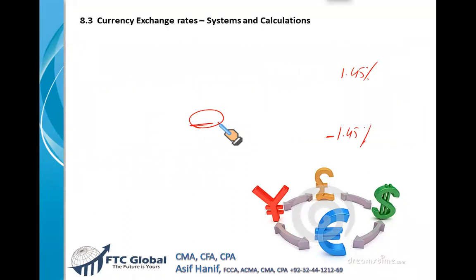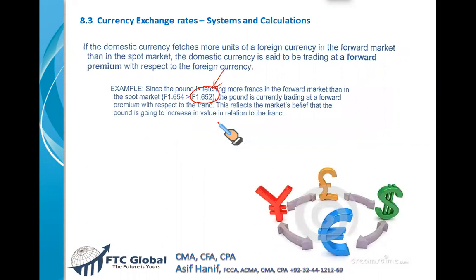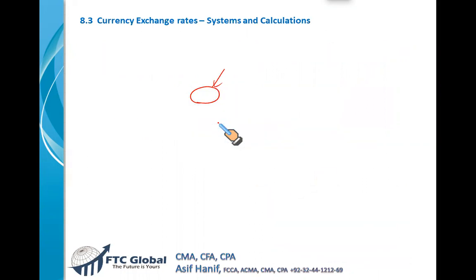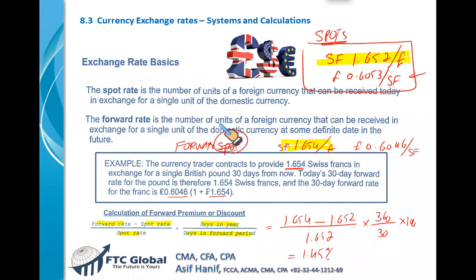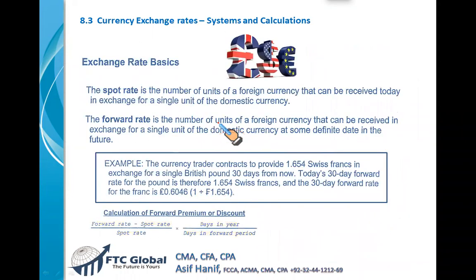So this is the formula you would use to calculate the forward premium and forward discount. It's a very straightforward formula, no big deal with it. Important point that you need to remember is that forward rate and spot must be in the same order. Like here, I have taken Swiss francs per pound, so Swiss francs per pound for forward and Swiss francs per pound for the spot.